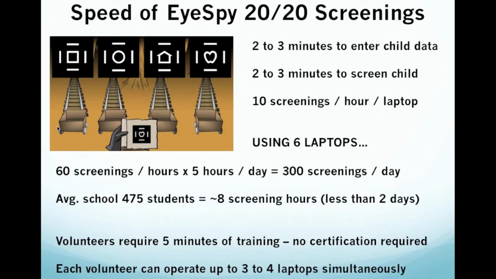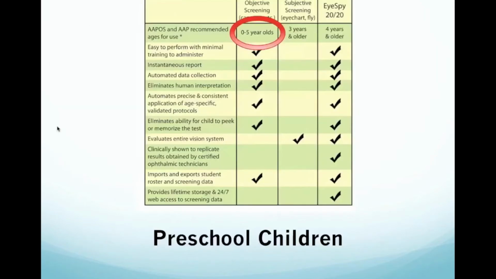We've had volunteers as young as 13 and as old as 83, and that's really a testament to the ease of use of EyeSpy. And volunteers can operate 3 or 4 laptops simultaneously, so you don't need a huge number of volunteers with regards to conducting vision screenings with EyeSpy.